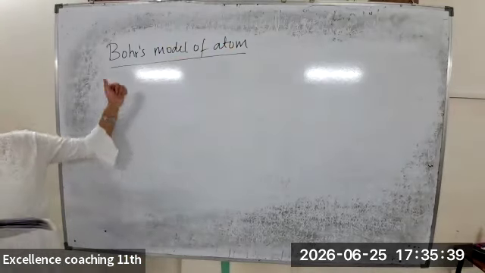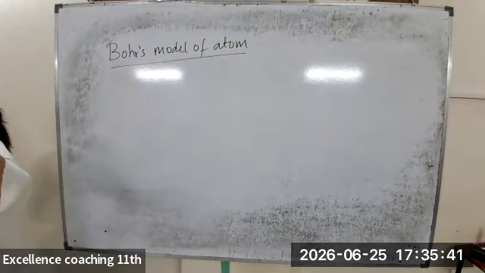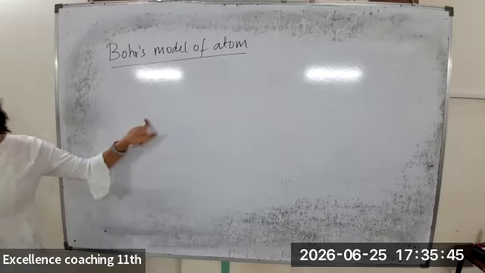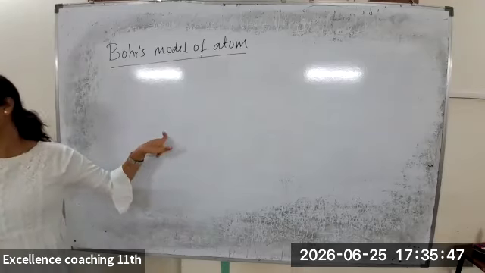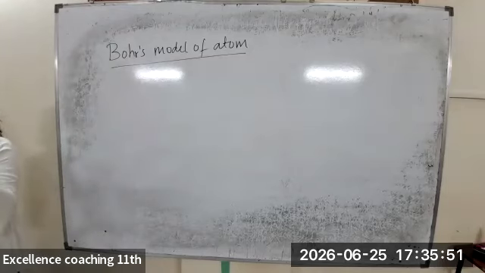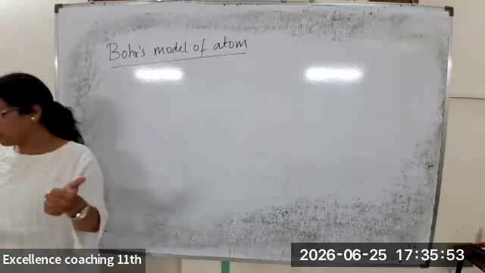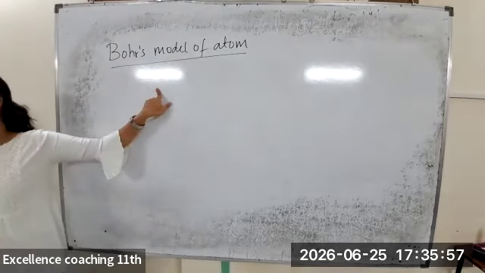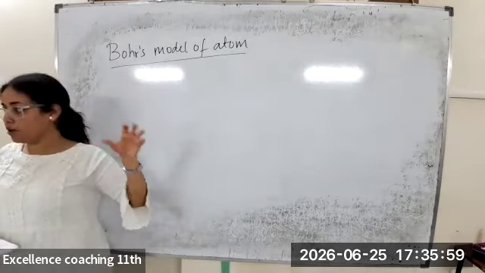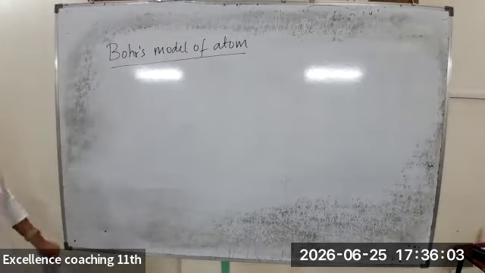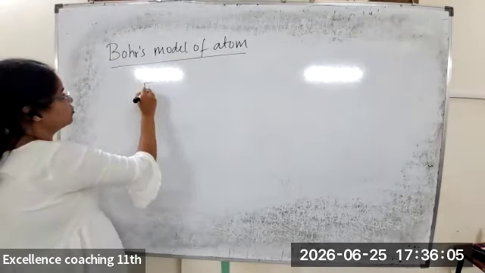So basically in Bohr's model, one thing you study is the atomic spectra of hydrogen, and secondly you study the stability of the atom. So in Bohr's model, two things you study. First is the hydrogen spectra of the atom, and second is the stability of the atom, how stable the atom will be. Okay, so for that there are two formulas.